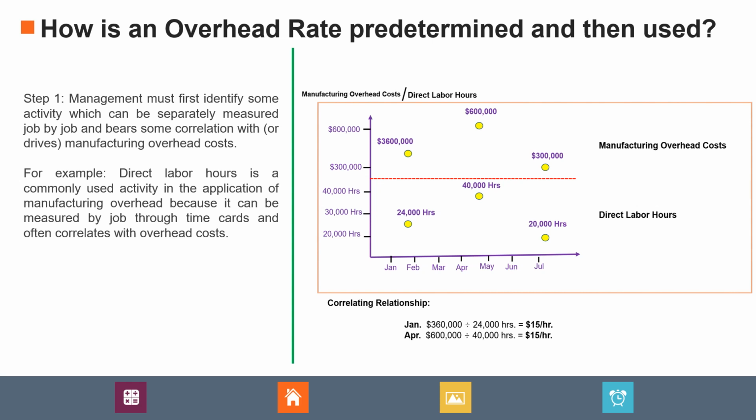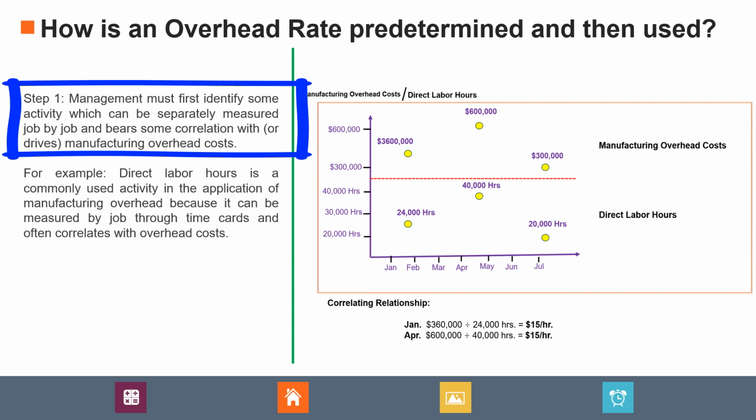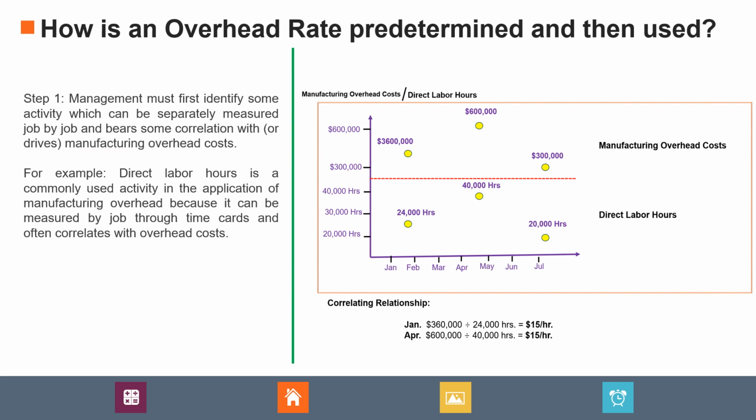Well, let's go through the steps of actually determining this method of allocation, an estimated method of allocation. Step one is that management must first identify some activity which can be separately measured job by job and seems to bear some correlation with, or drives or causes, manufacturing overhead costs.